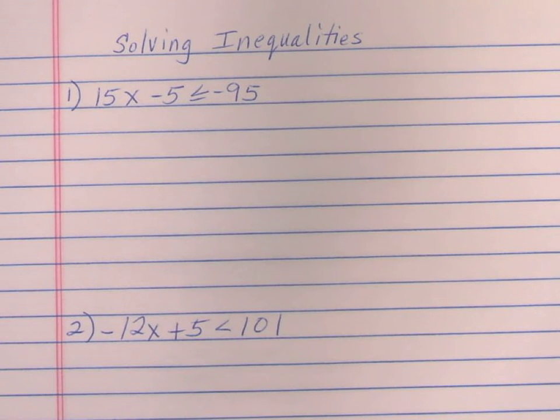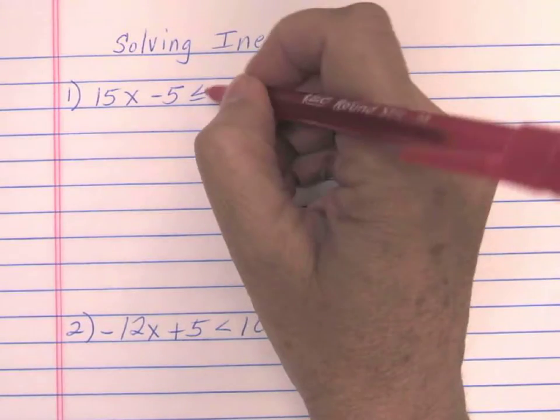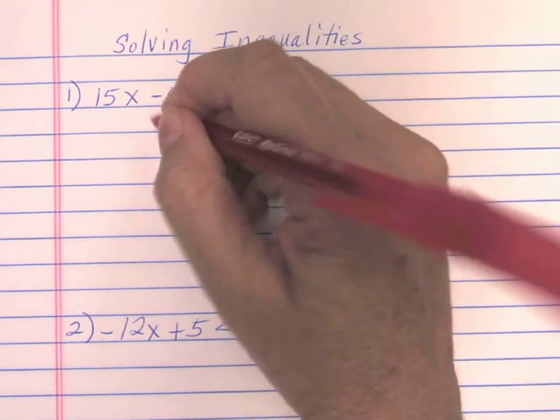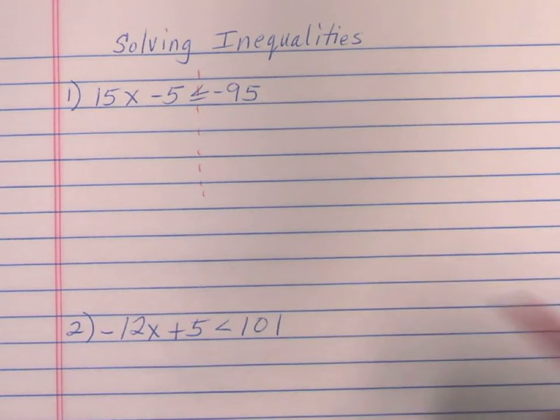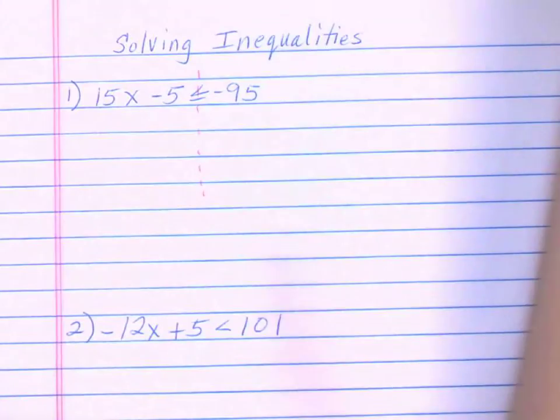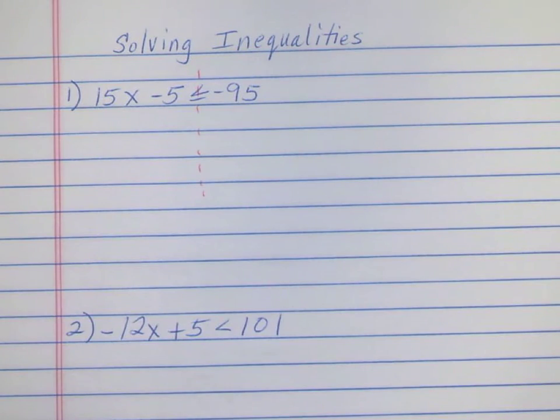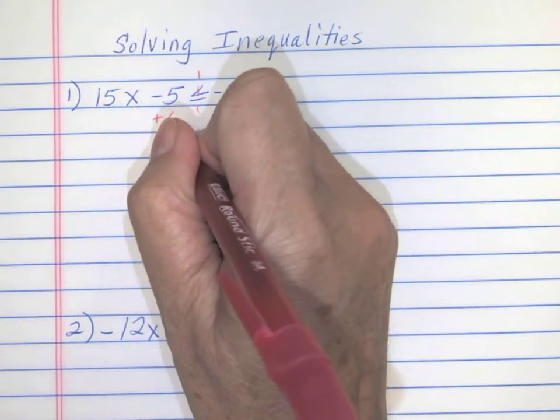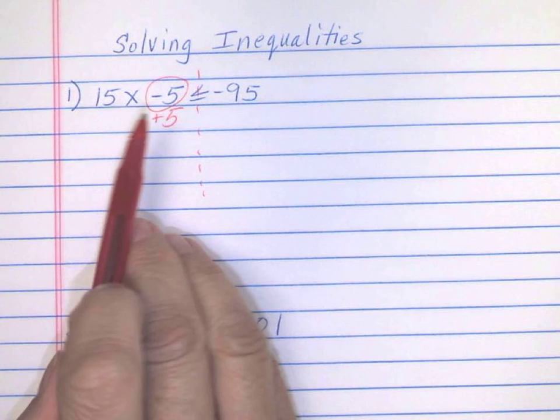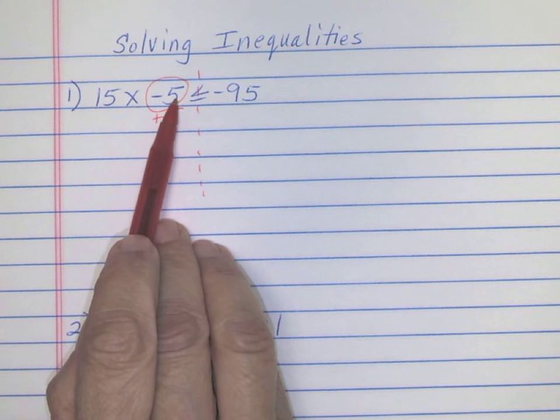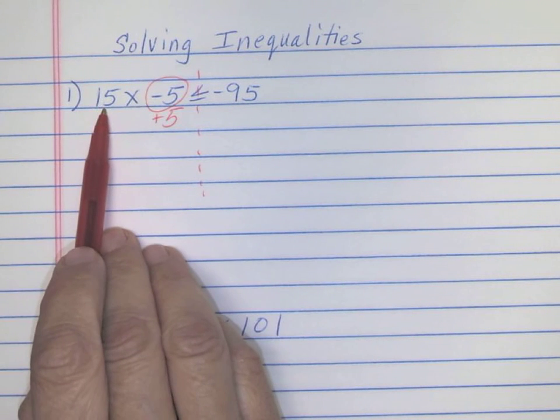So when we solve these, we solve them exactly like we do if it was an equal sign. We just pretend it's an equal sign and solve it exactly the same. The first thing we do to get x by itself is to add 5 to get rid of that negative 5. This minus is attached to what's after it. It has nothing to do with what's before it.